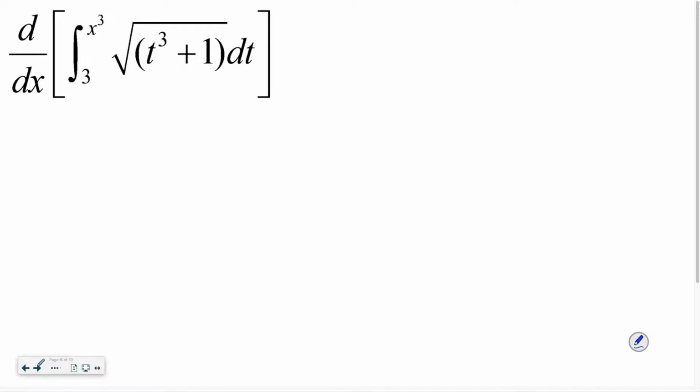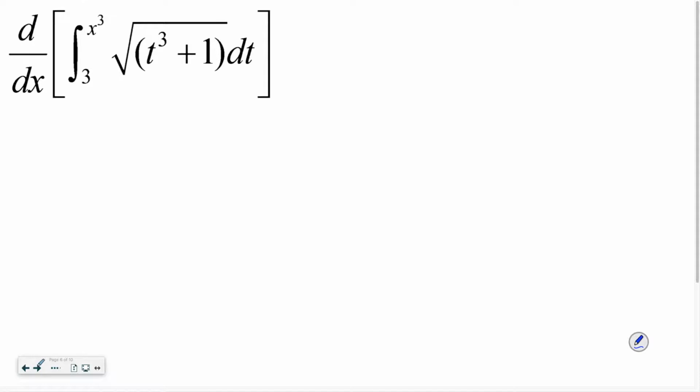All right, here's another catch. Any guesses as to what will happen? X cubed. What did you say? When it was just x, we just rewrote f of x, but now it's going to be f of x cubed.